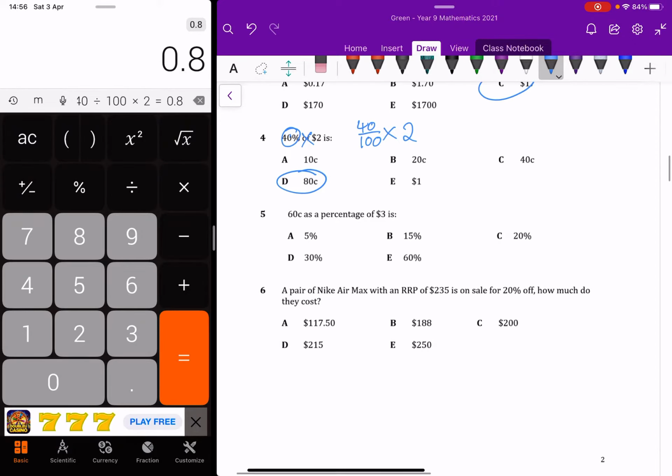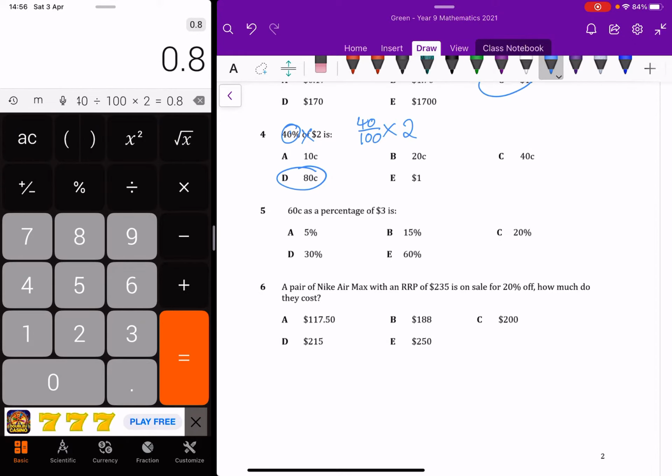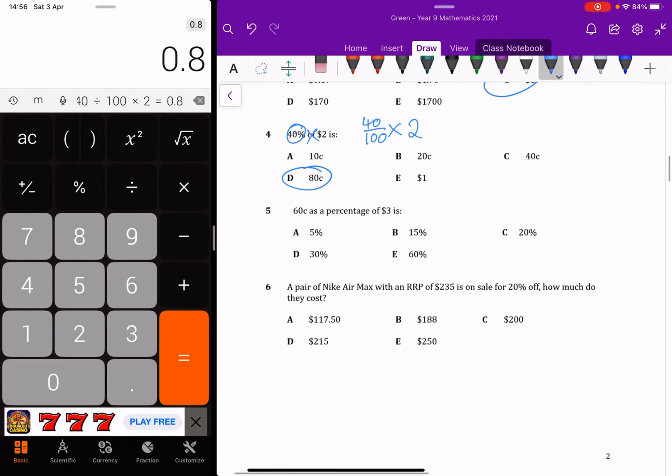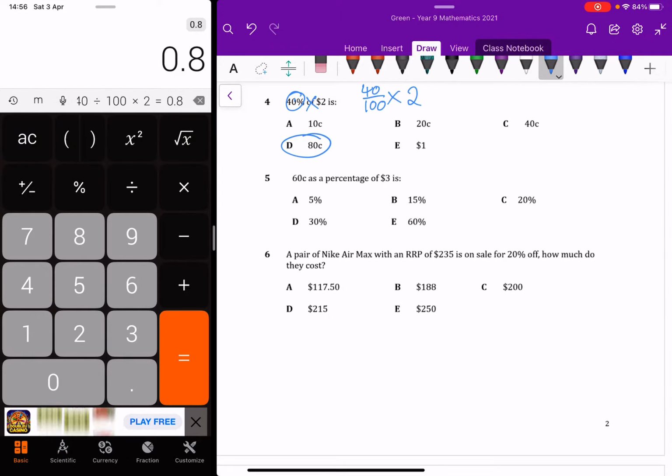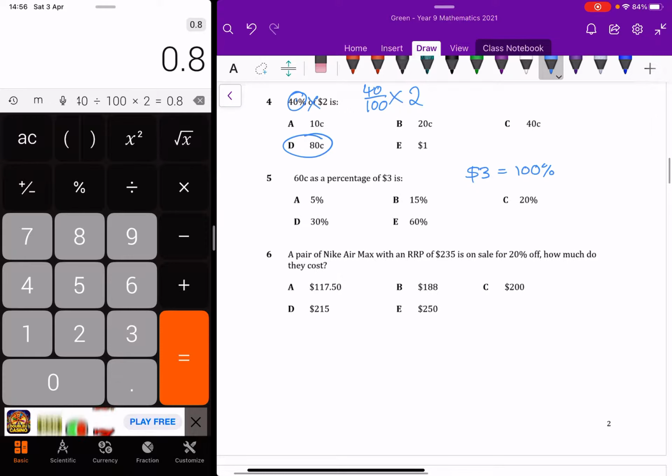So this then says 60 as a percentage of $3. So what is 60 as a percentage of $3? Well, we can work this out a few different ways. The way for me, we can find out, well, if we've got $3, which is 100%, then 10%, if we divide both of these sides by 10, we find out 10% is 30 cents.